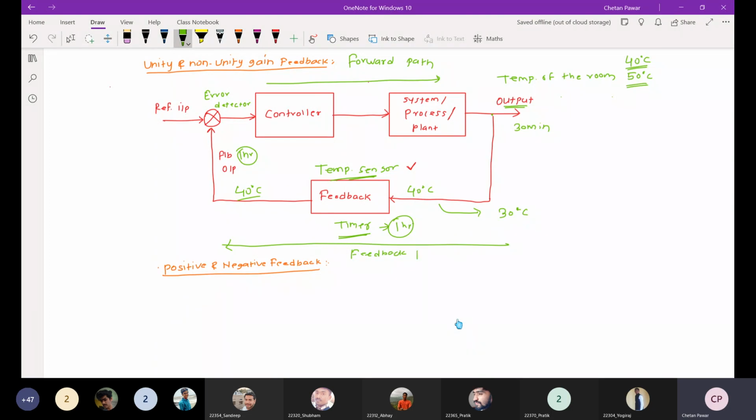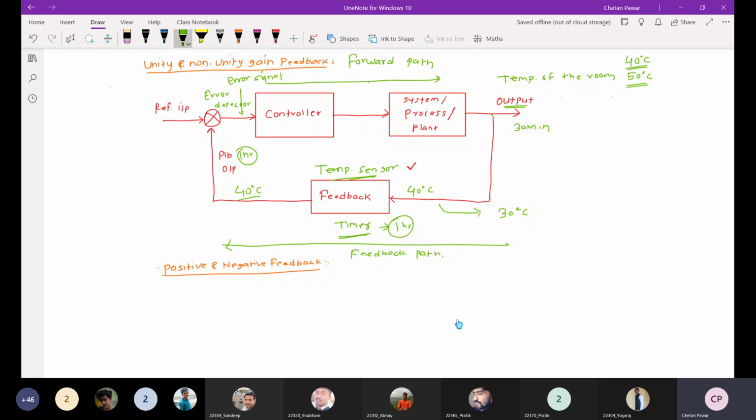As you know, there is a controller part, a system or process or plant part, and a feedback part. Okay, and we are giving the reference input, and this is the error detector. So it is giving the error signal here. So that error signal is driving the controller.